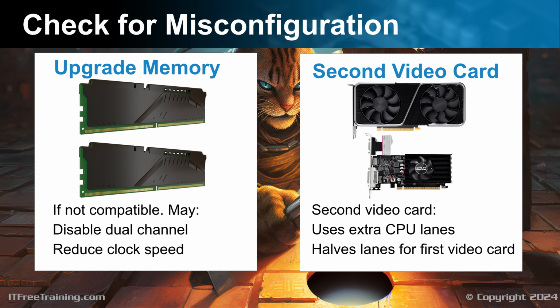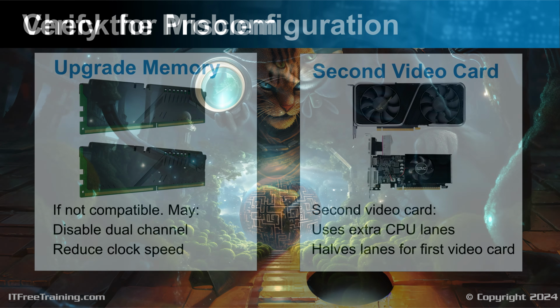Additionally, in some instances, adjustments can be made in the computer's setup to configure the number of lanes allocated for each video card. The key takeaway here is that adding new hardware can unexpectedly alter your computer's performance. It's crucial to ensure compatibility and understand the potential impact of integrating new components with an existing setup.